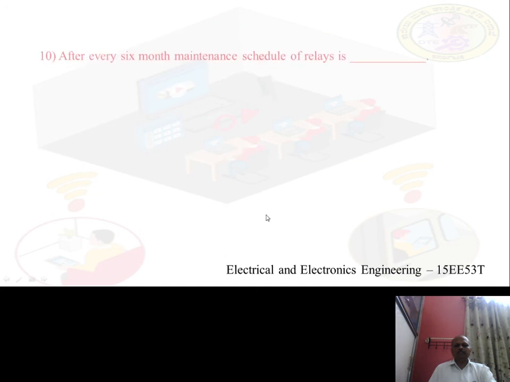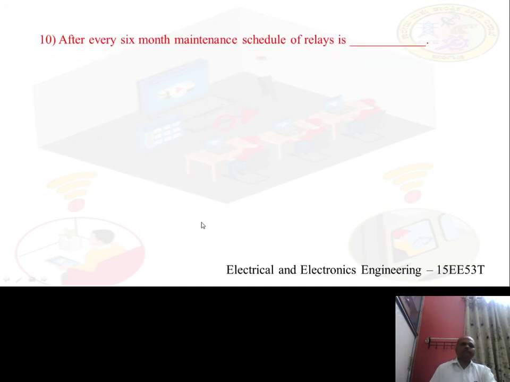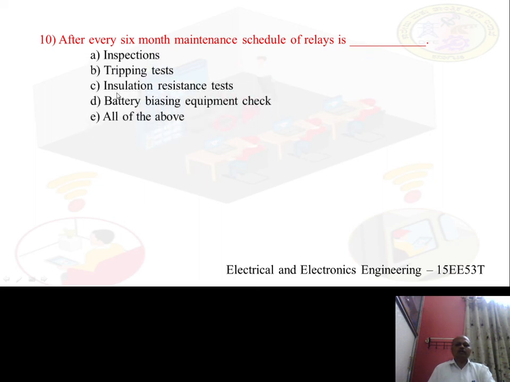Question number 10. After every 6 months, maintenance schedule of relay is dash. Your options are A. Inspections, B. Tripping tests, C. Insulation resistance tests, D. Battery biasing equipment check, E. All of the above.